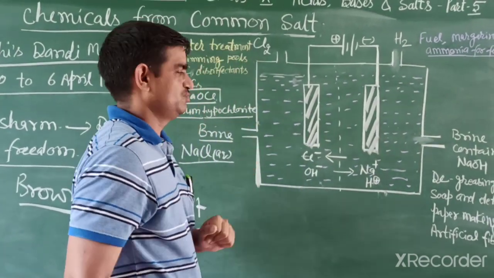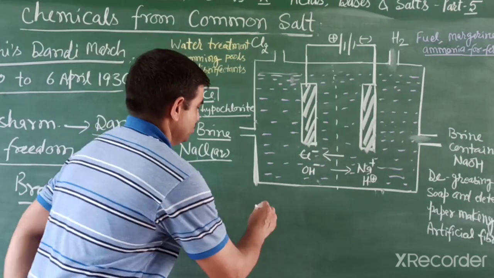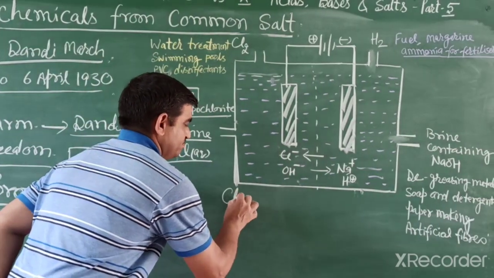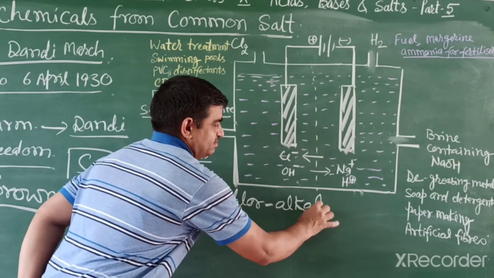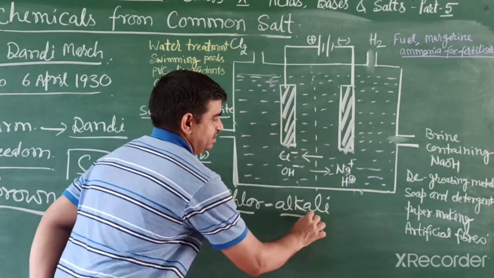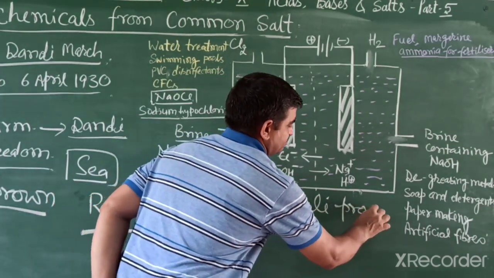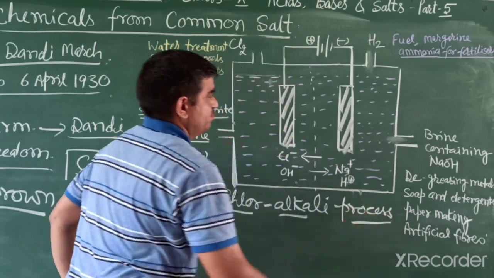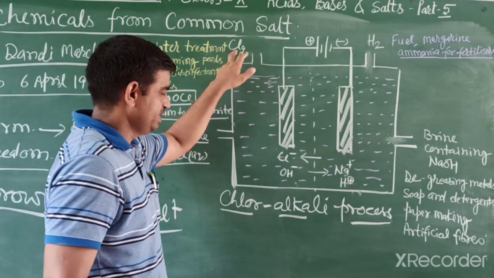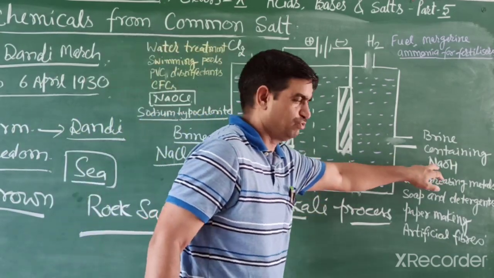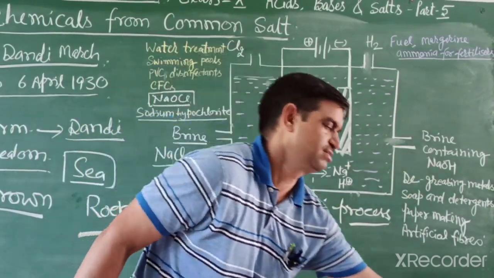This process is known as the chlor-alkali process. Why is its name chlor-alkali process? Because we get chlorine and the alkali sodium hydroxide in this reaction.